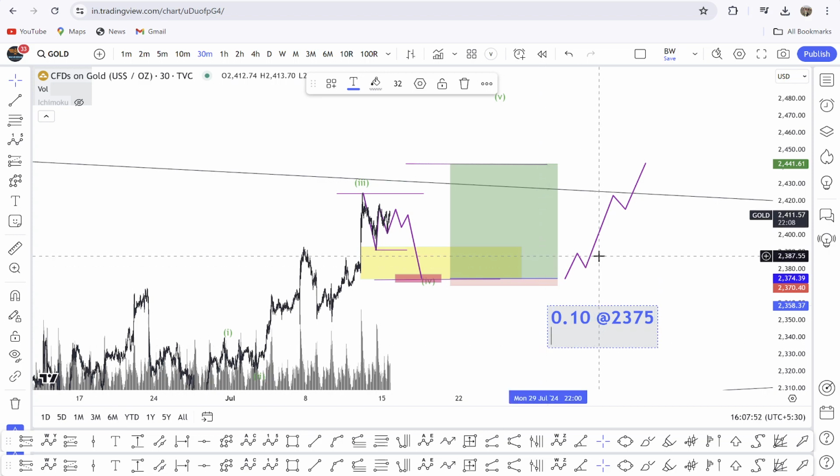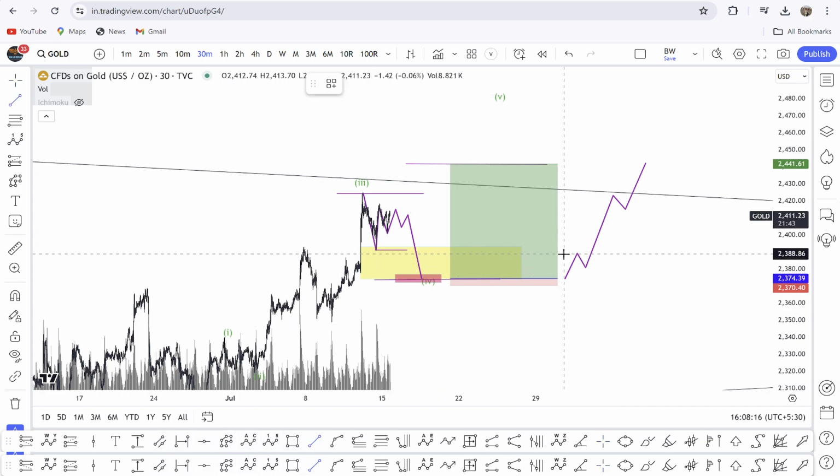If price starts to go upward and you find any retracement of 50 to 60 percentage, and as per your price action, then buy one more lot size at 2380. When price crosses above this level, then you have to buy one more lot size of 0.10.